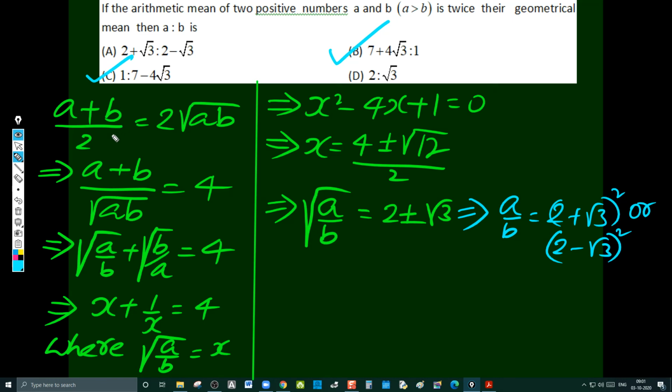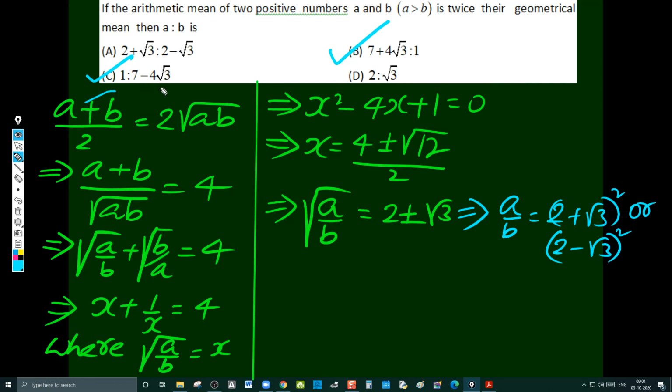B is correct. A greater than B means, how much will be the value of 7 minus 4 root 3? The ratio will be the same. We can rationalize and it will be the same. That is correct only.